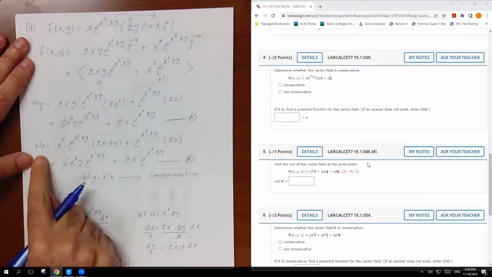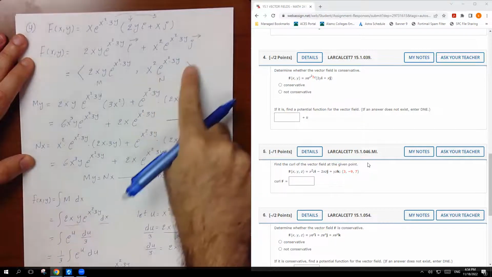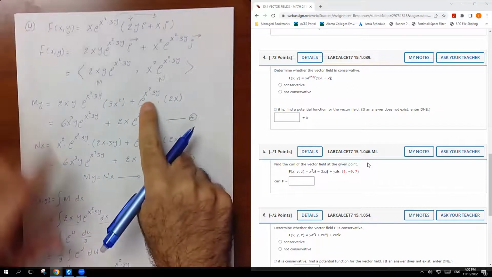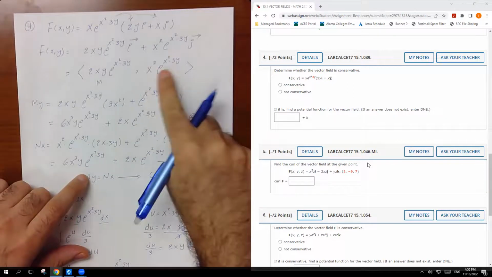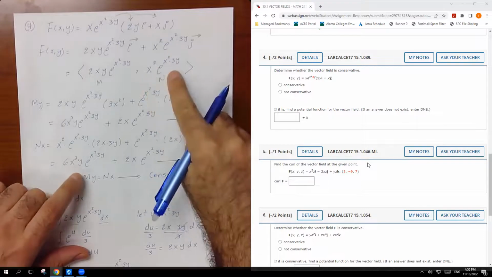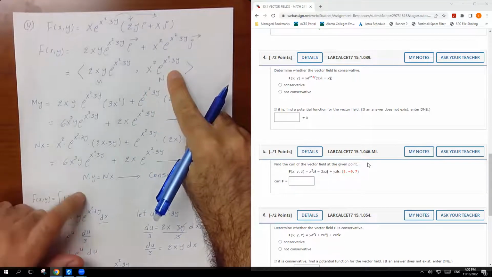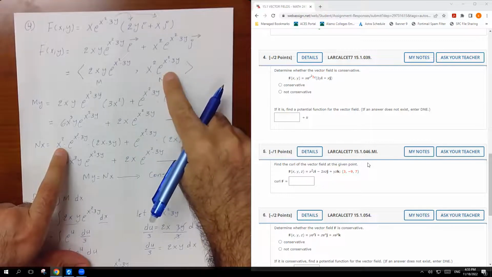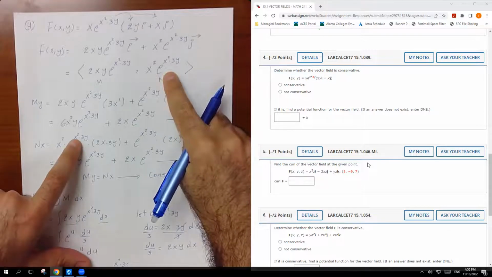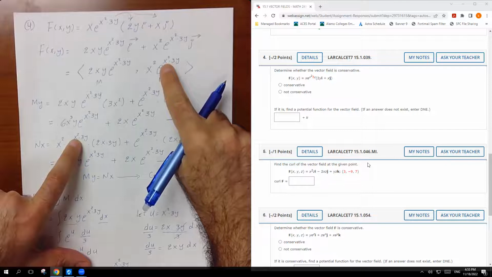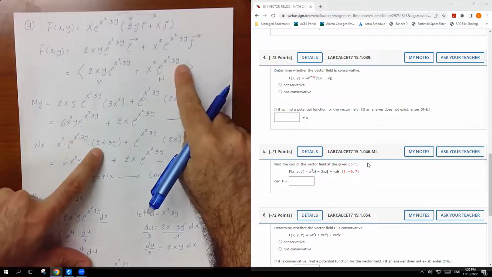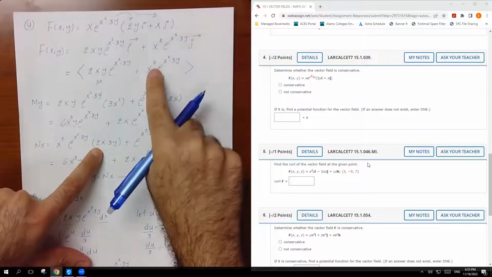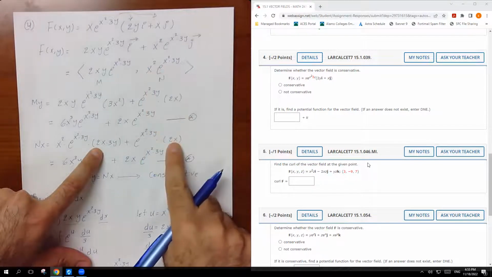Now I need to find n sub x. So here is n sub x. That means it's going to be the first one times the derivative of the second one. So here's the first function times the derivative of the second one. The derivative of the exponent with respect to x is going to be 2x 3y, plus the second one times the derivative of the first one with respect to x, which is 2x.